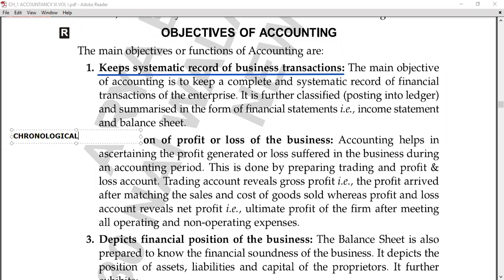Chronological, which means date wise. The transaction which has occurred first will be recorded first, and the transaction which has occurred at a later stage will be recorded later. Fine. So in a chronological order, so that it can be used in future.